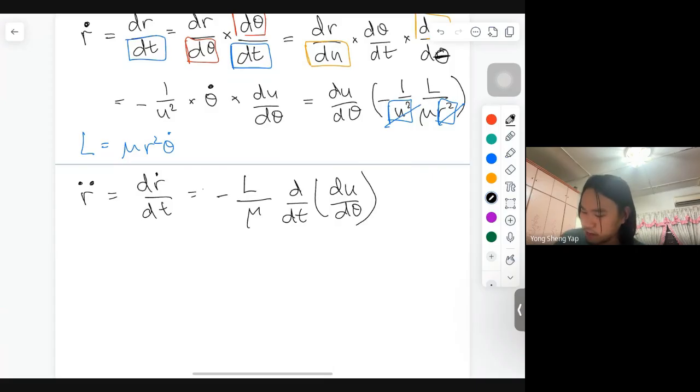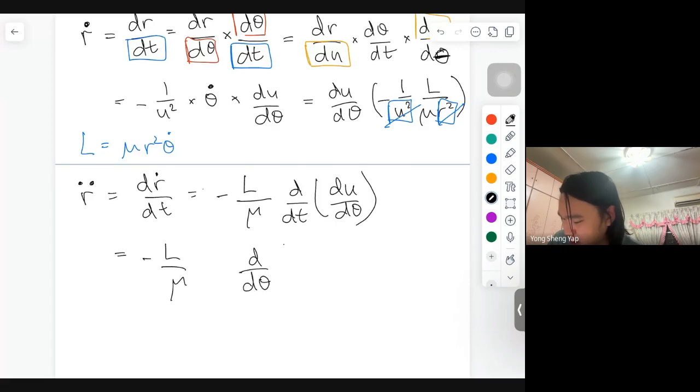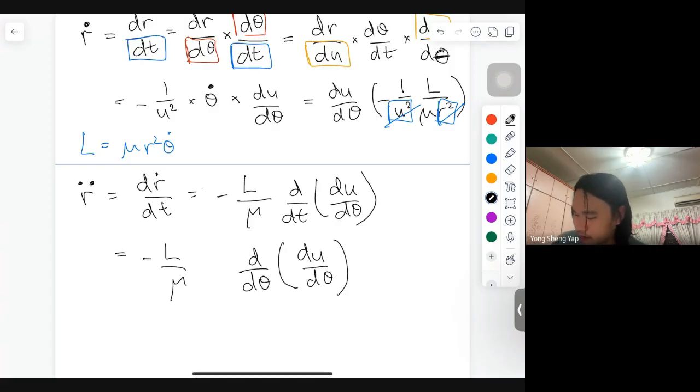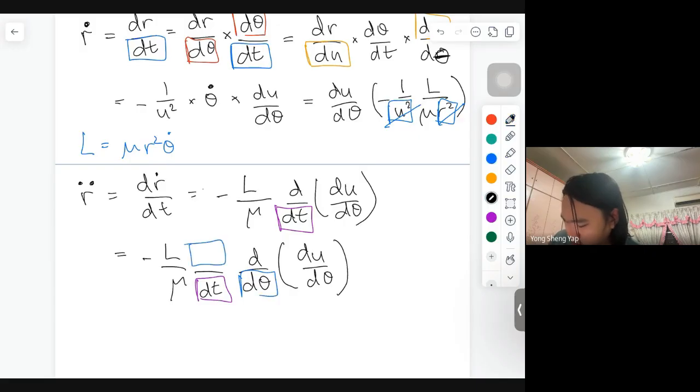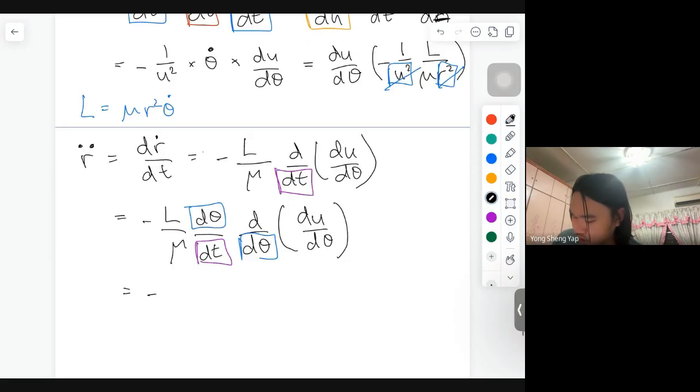One helpful thing is that we don't want to take a time derivative of this, but it's helpful to take a theta derivative of du/d theta. Because we had dt here, the chain rule tells us that we can't just have d theta here. We need dt, and to compensate for this, I need d theta over here. This equals L theta dot divided by mu, d2u/d theta squared.